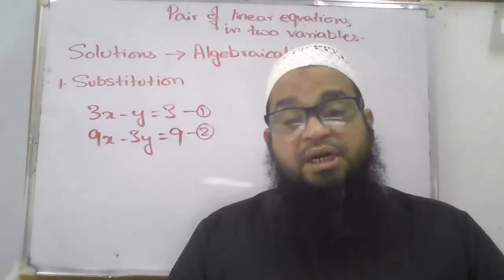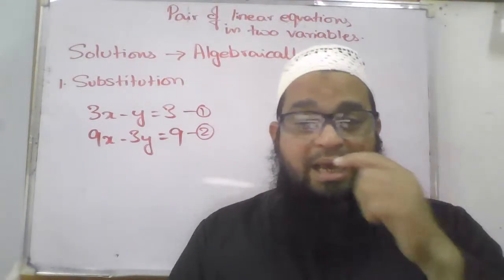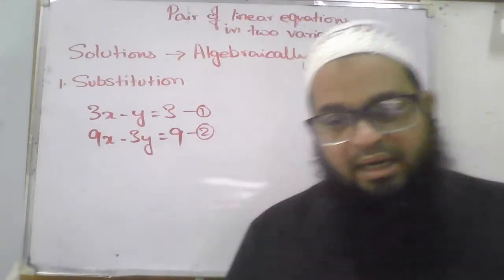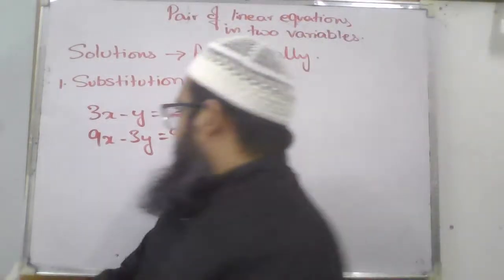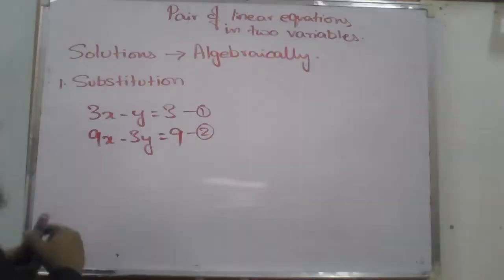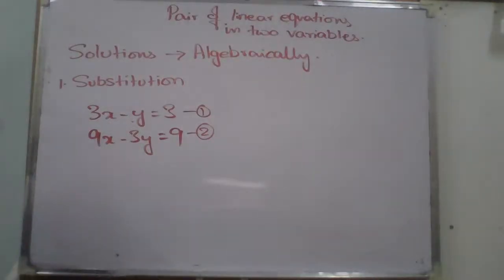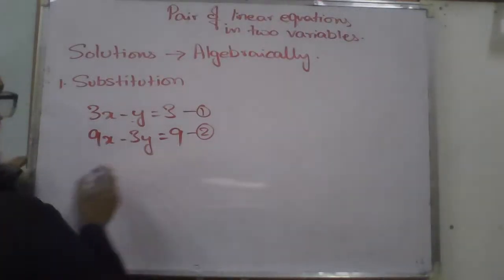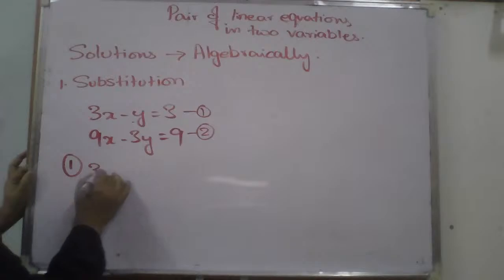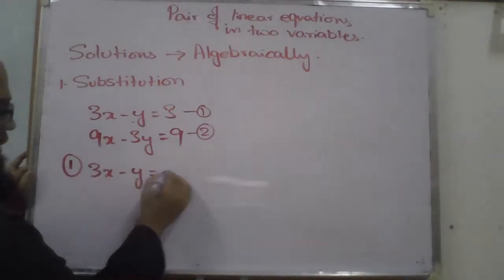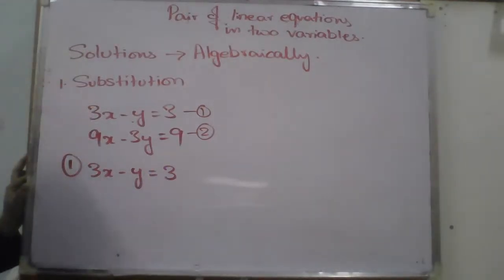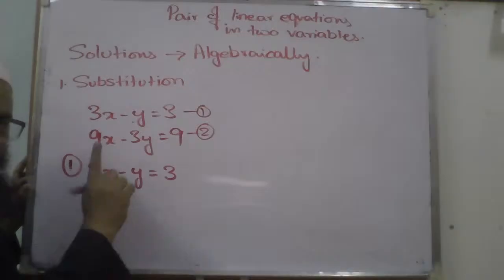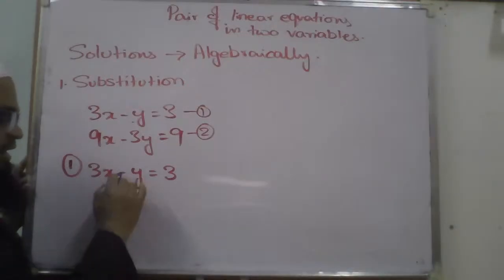Understood? Why did I tell you? For example, take the first equation, 3x minus y is equal to 3. The coefficient of y is 1. Understood? But it is negative.